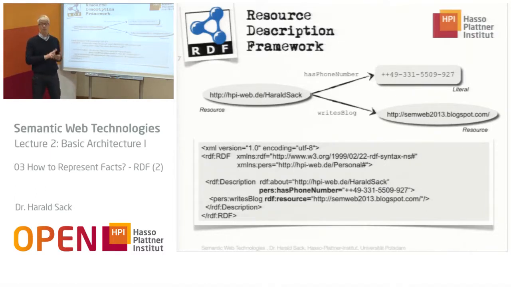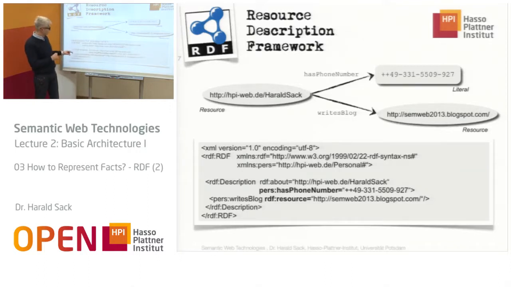You remember previously we had an own markup tag. But what you can do here with so-called data type properties, which have literals, is encode it also within the subject with the help of a special attribute that comes from the namespace that you have defined above here. And then you can say has phone number, and then you have the attribute value within quotation marks.